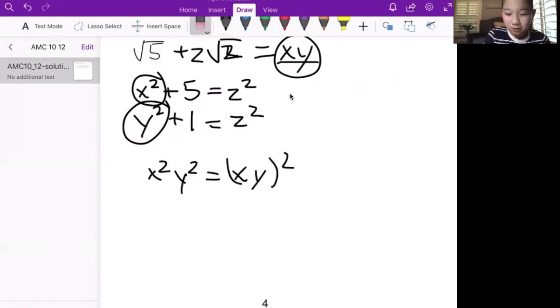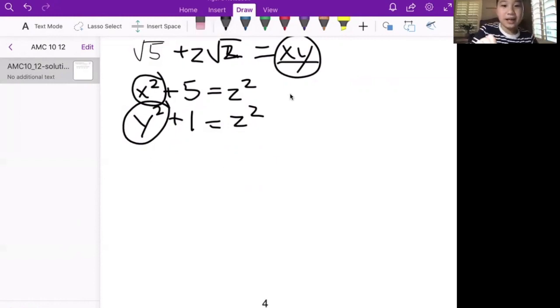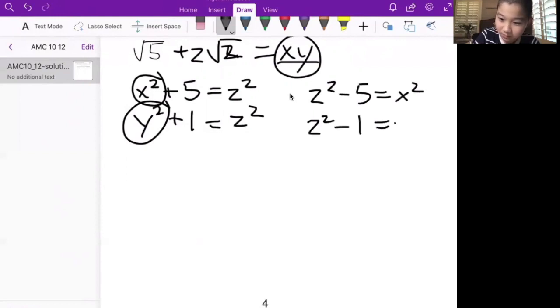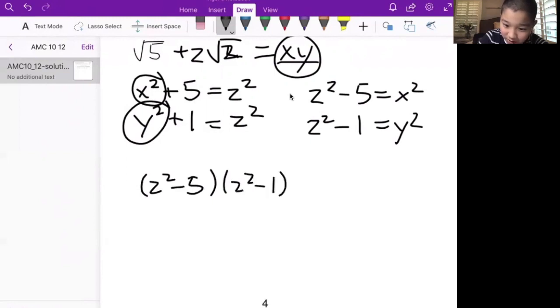So the way to do this is to isolate x squared and y squared. So basically subtract 5 and then subtract 1. And then we can multiply these equations to get z squared minus 5 times z squared minus 1 is equal to x squared y squared.